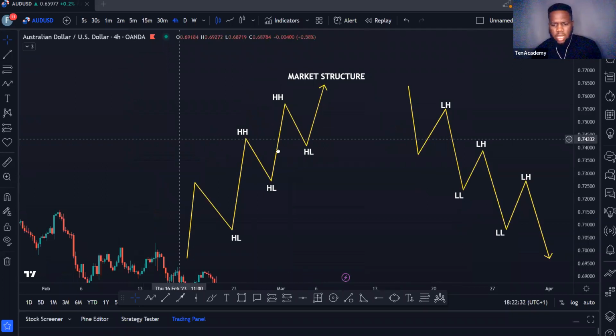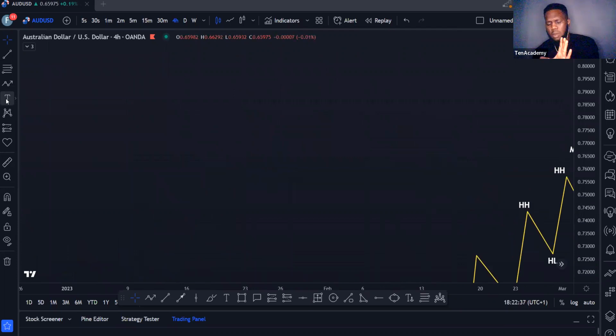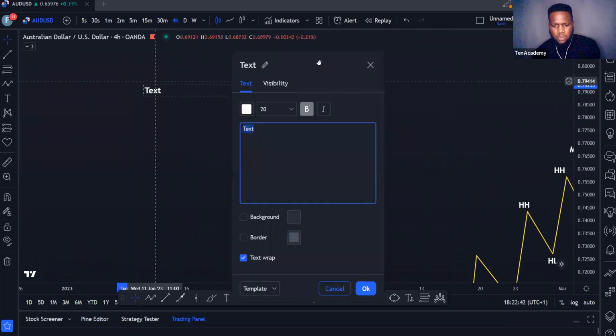In this market structure class, there are a few things that I want to talk about that will add meaning to what you already know. So we're going to go a bit deeper.